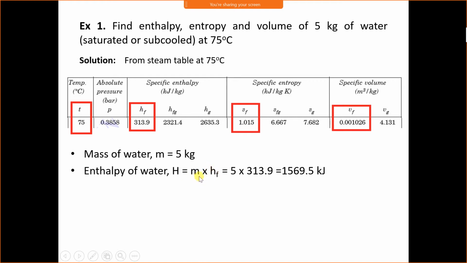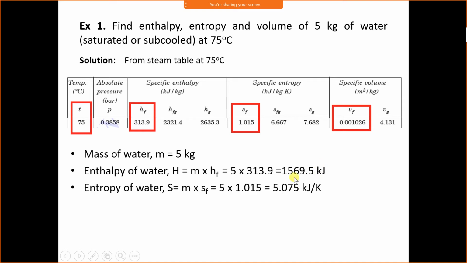Therefore, total enthalpy will be hf into m, that is 5 into 313.9, which comes out to be 1569.5 kilojoule. The unit is kilojoule per kg multiplied by mass, so kilojoule per kg into kg will be kilojoule. The unit of total enthalpy will be kilojoule.